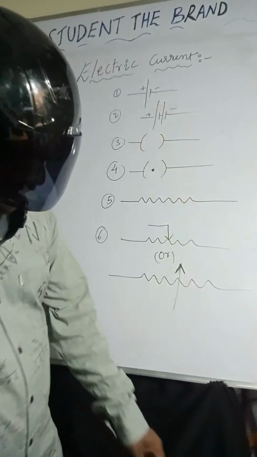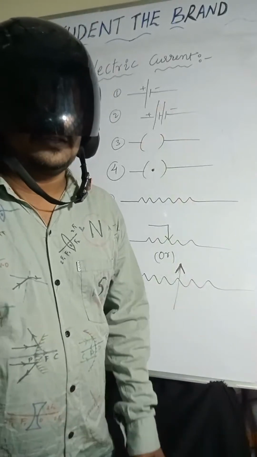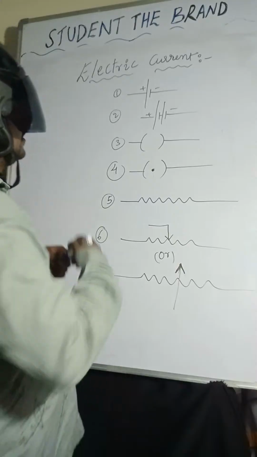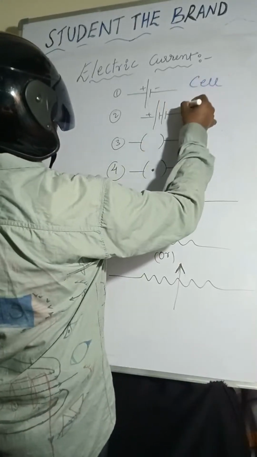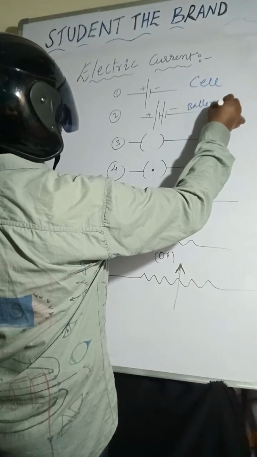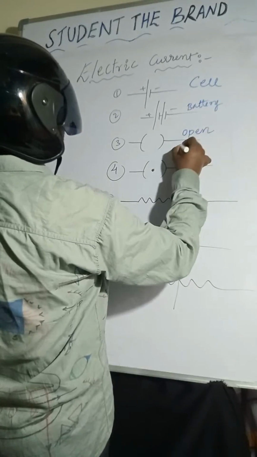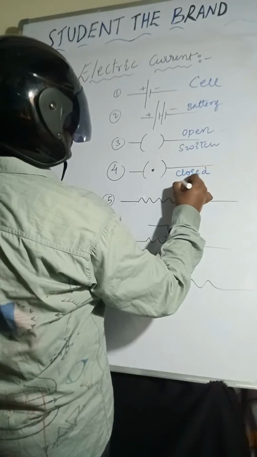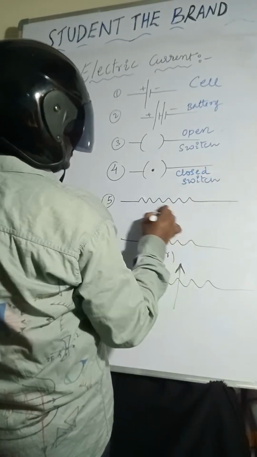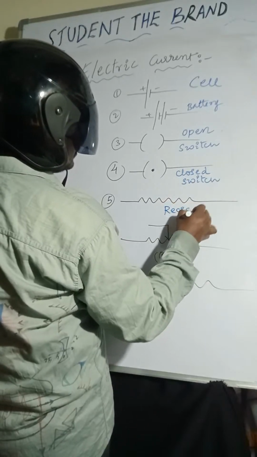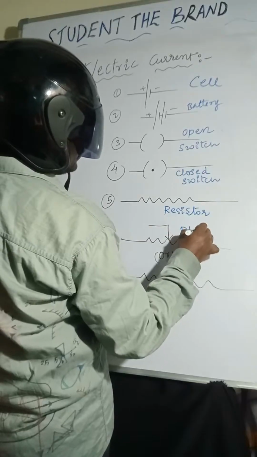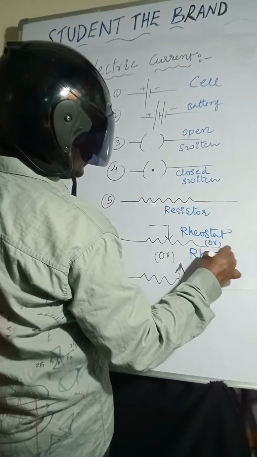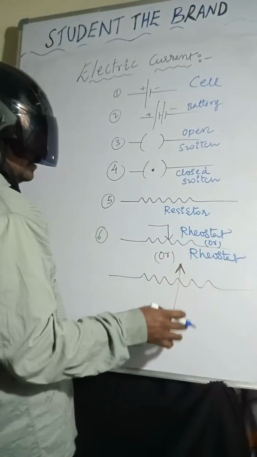So cell, battery, open switch and closed switch, resistor, rheostat.